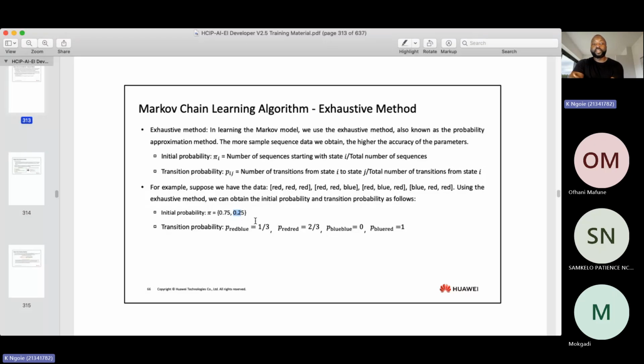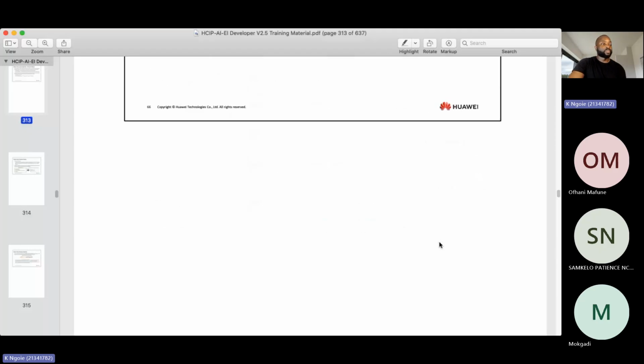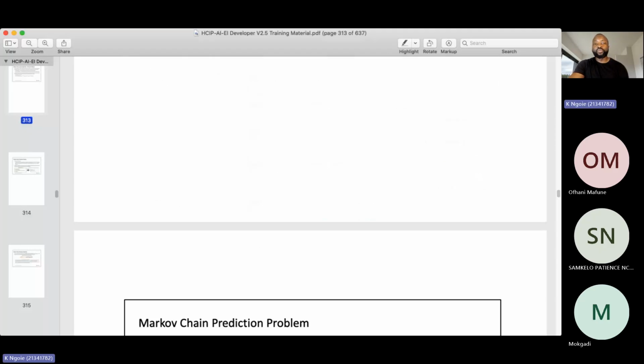And then the transition probability can also be calculated by counting the transitions. The probability of going from red to blue is 1/3, and then we can move from there.